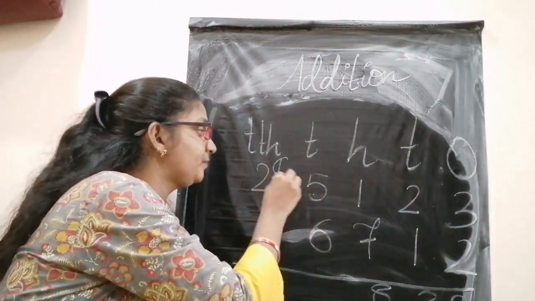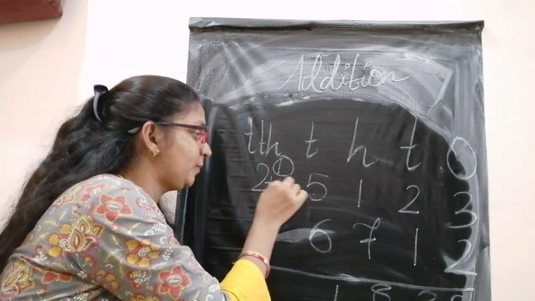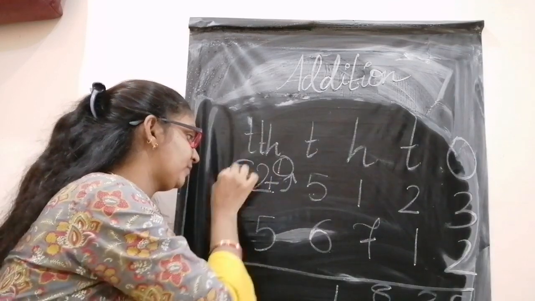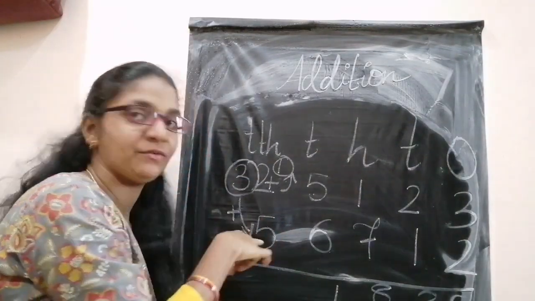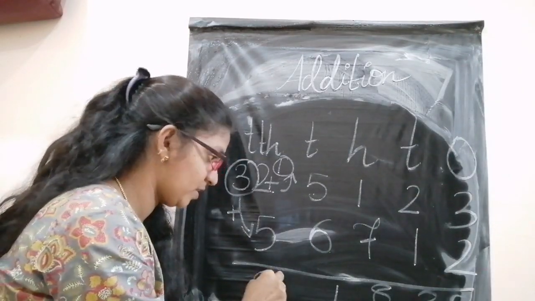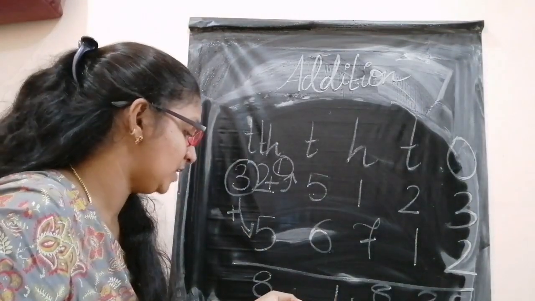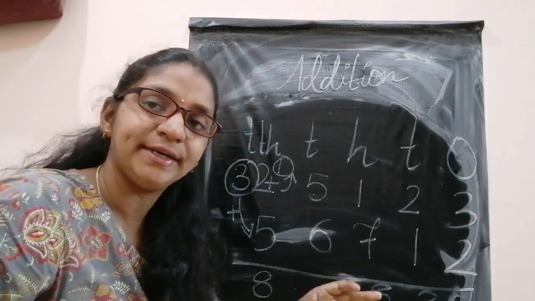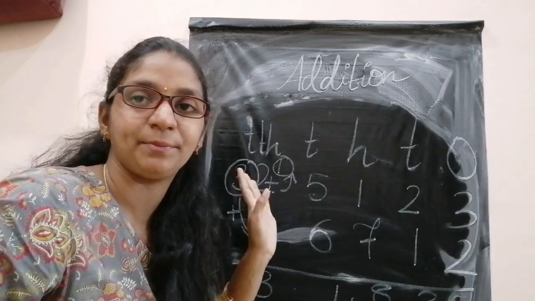So 1 here and another 1 here. 2 plus 1 is 3. So now 3 plus 5 is 8. The answer is 81,835. 3 digits, 4 digits, 5 digits, 6 digits, whatever it may be, the same process applies.